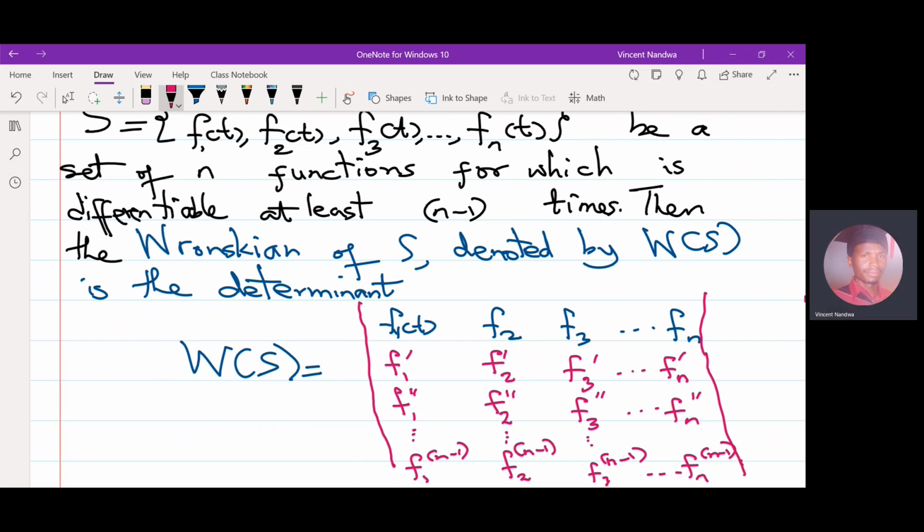So the determinant formed by putting the functions on the first row, differentiating down the rows up to the n minus 1 derivative.